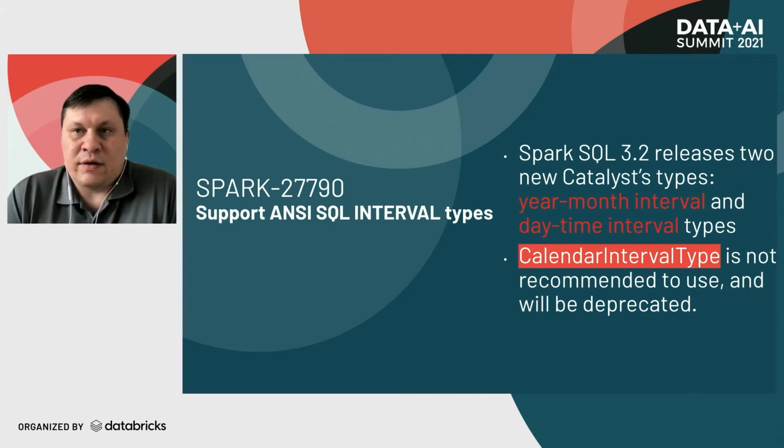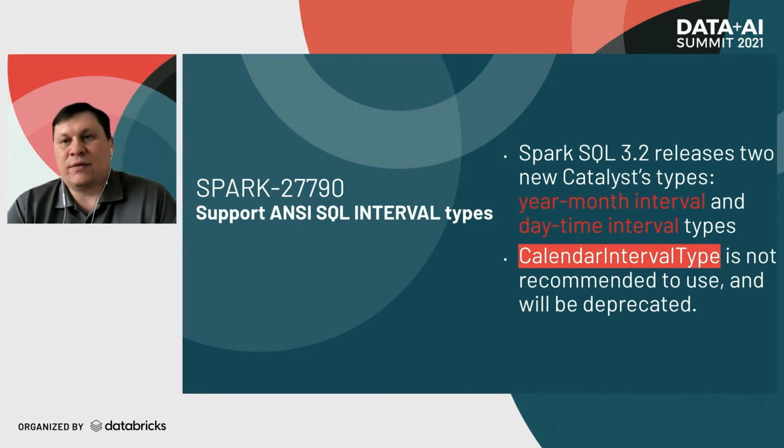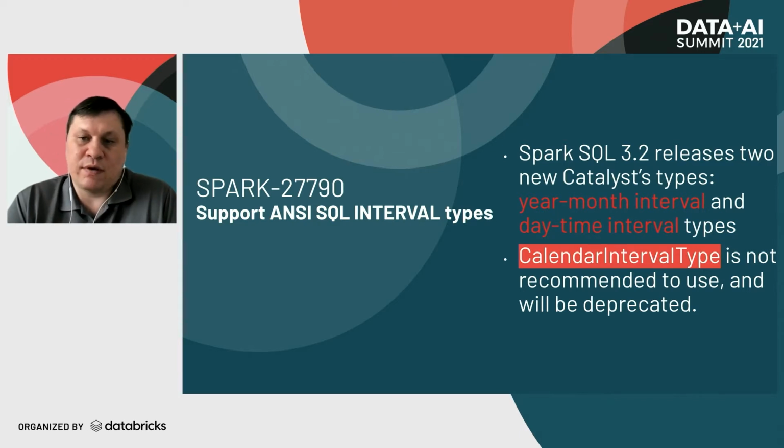Spark version 3.2 should come with new intervals, and starting from the new release, we wouldn't recommend using the older type, calendar interval type, and probably in the next version it will be deprecated.